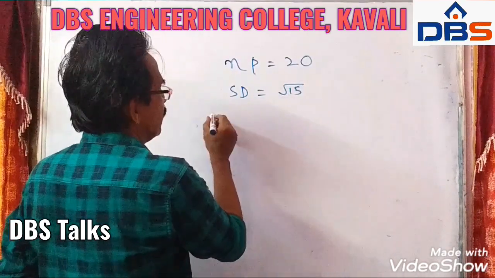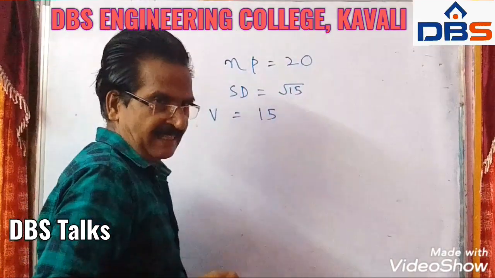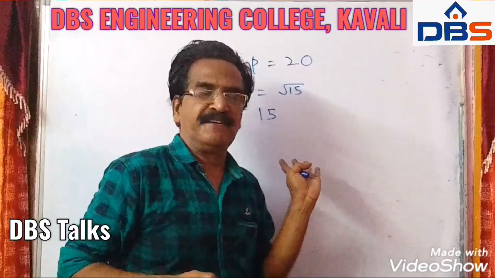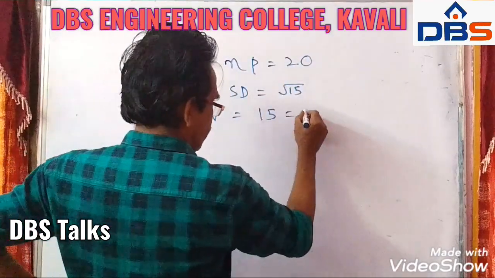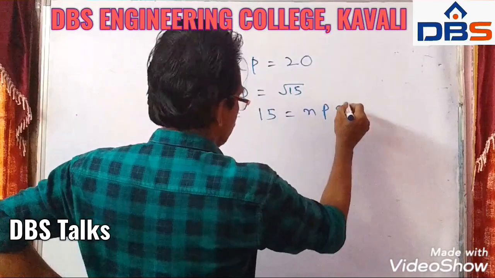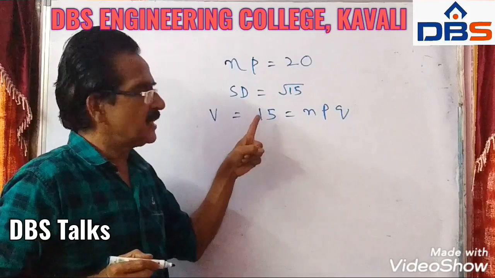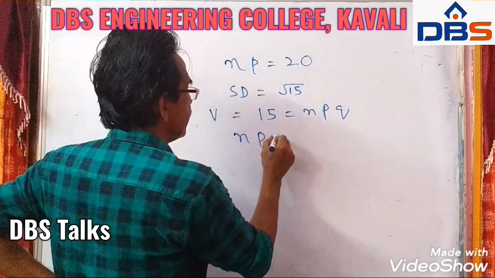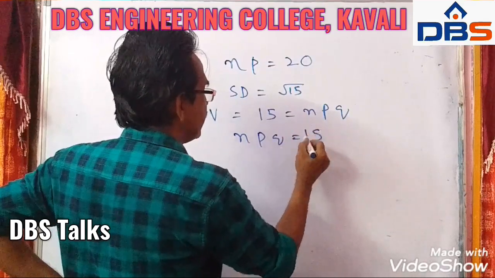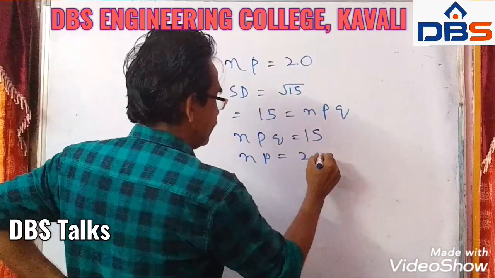Standard deviation is root 15 means variance is equal to 15, since squaring standard deviation we get variance. Variance is equal to NPQ. So NPQ is equal to 15, and NP is equal to 20.